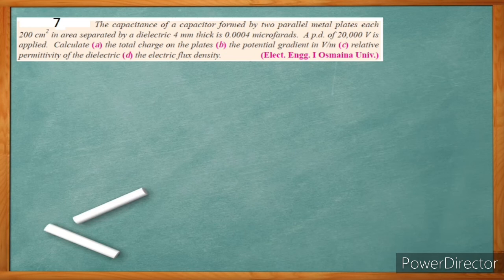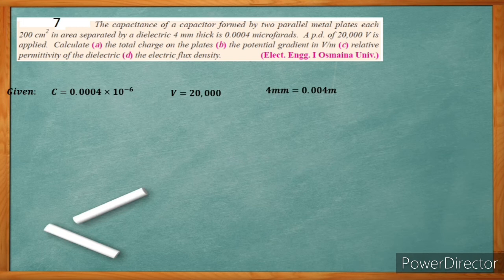So now let's have the given. The given capacitance is 0.004 times 10 raised to negative 6, the given voltage is 20,000, and the dielectric thickness is 4 mm, converted into meter, is equal to 0.004.